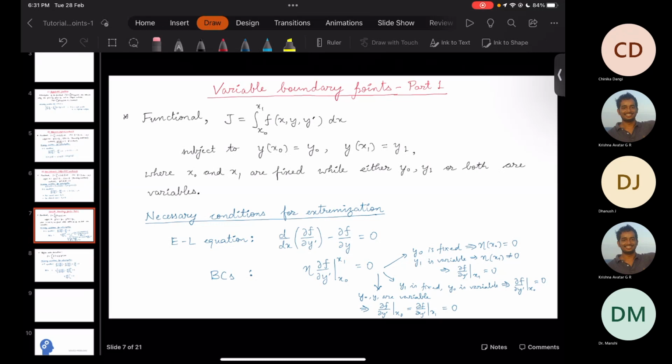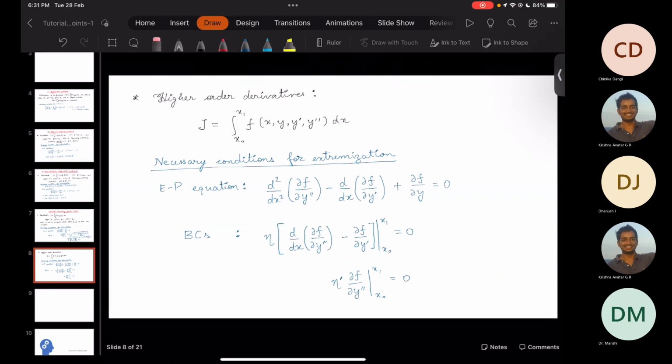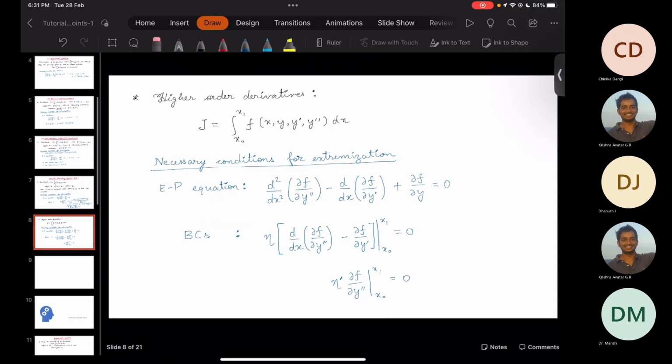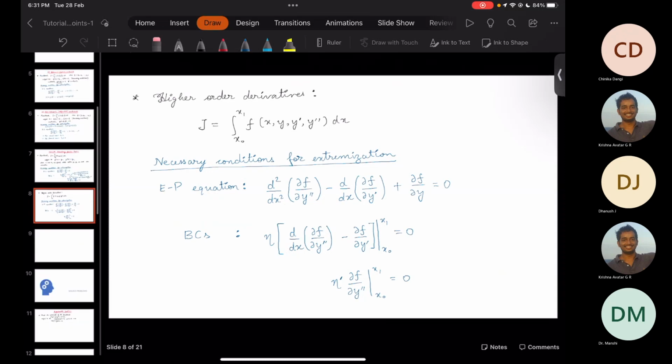And then we discussed the necessary conditions for extremization, and also those for functionals containing higher derivatives of the dependent variables. So this was the overview of the theory required to solve the problems.